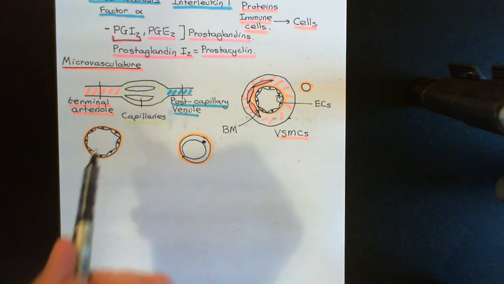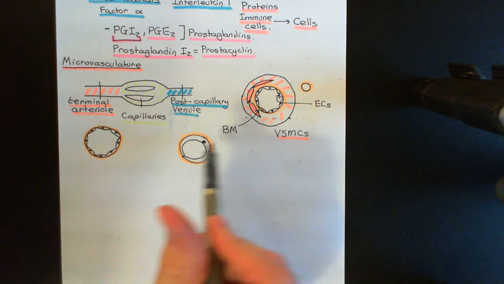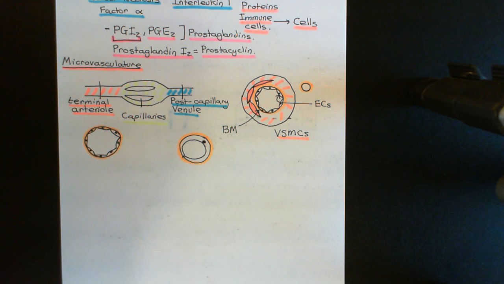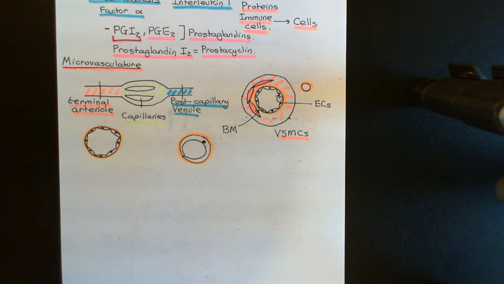These vessels control what can come out of the bloodstream into the tissue, so we need to change the behavior of these vessels in order to actually get the troops being delivered from the blood to the tissue. Okay, so we'll have a break here, and in the next video we'll actually look at how these pro-inflammatory mediators, which at the moment we've just seen their names, are actually going to affect these components of the microvasculature.